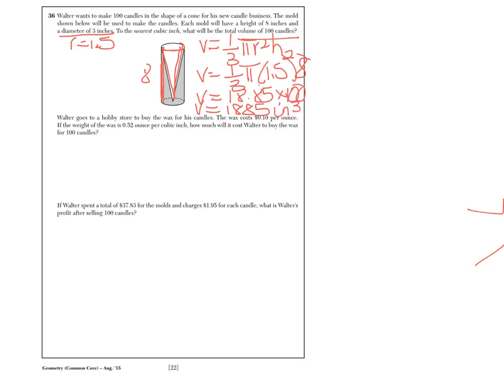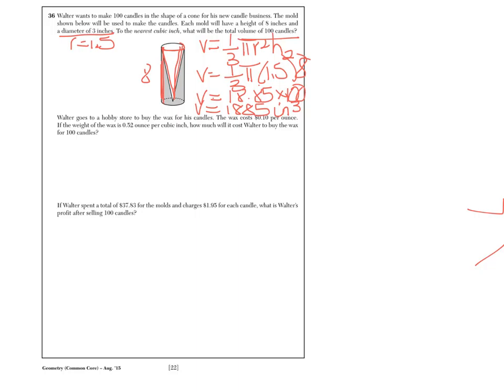So now the next part says, Walter goes to a hobby store to buy the wax for his candles. The wax costs 10 cents per ounce. If the weight of the wax is 0.52 ounce per cubic inch, how much will it cost Walter to buy the wax for 100 candles?